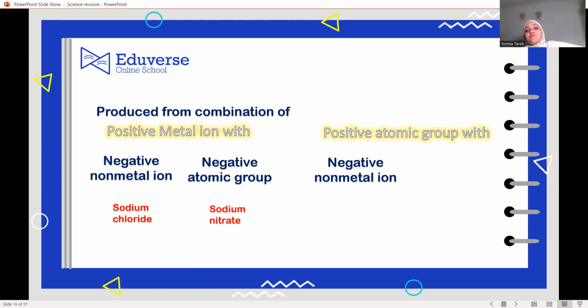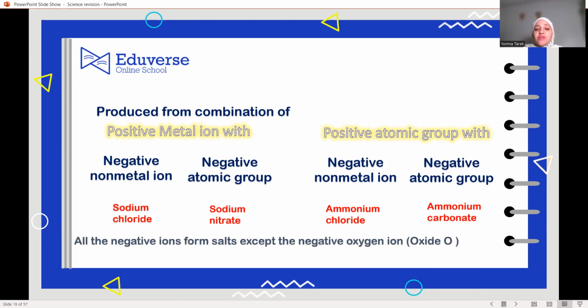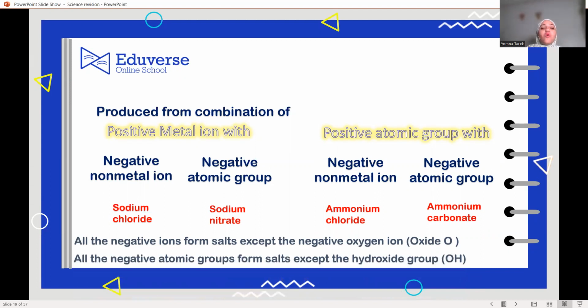What about positive atomic group with negative non-metal, like ammonium chloride, and negative atomic group like ammonium carbonate? We have here a small note that all the negative ions form salt except oxygen. Why oxygen? Because oxygen forms oxide. Super. Also, all the negative atomic groups form salt except the hydroxide group. Why? Because it forms bases.